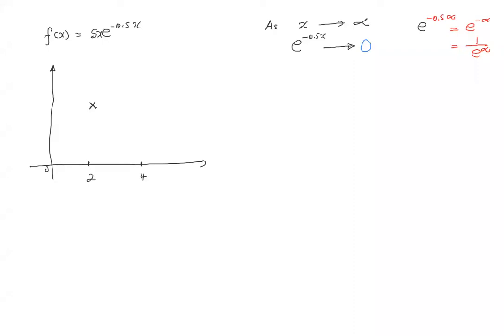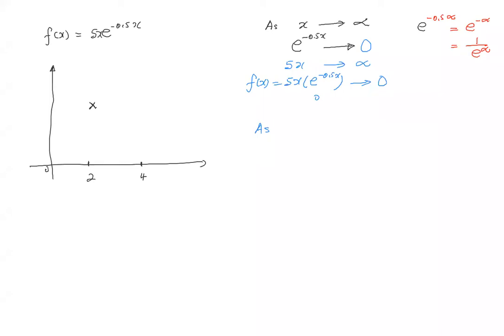So 5x tends to infinity, but my fx, which is 5x times e to the power of negative 0.5x, will tend toward what? 0. Safwan. Yeah, 0, because this is 0, right?